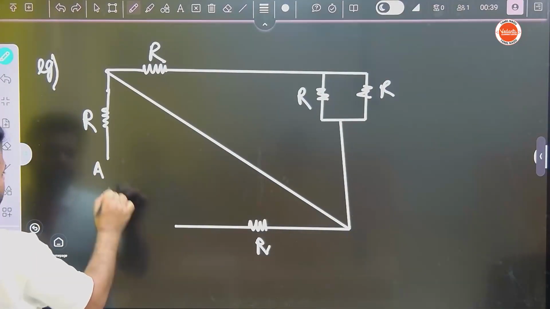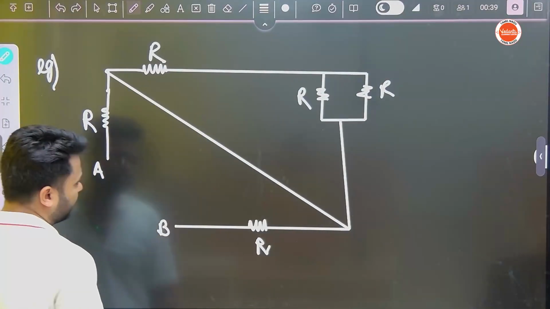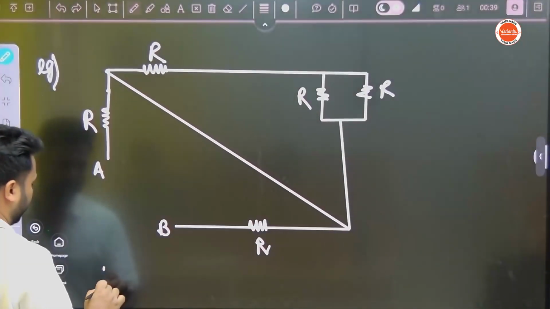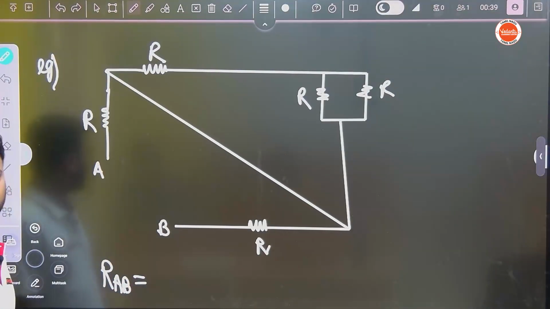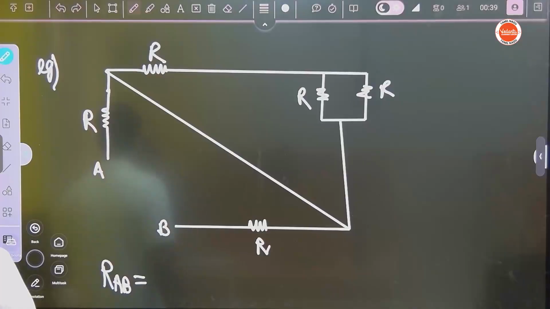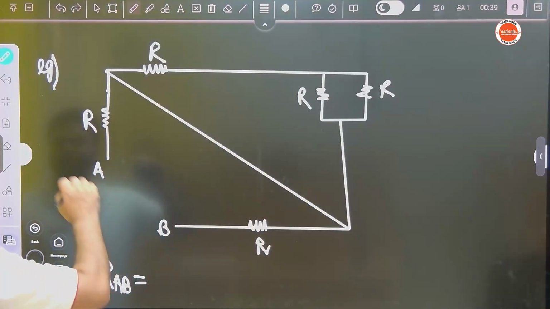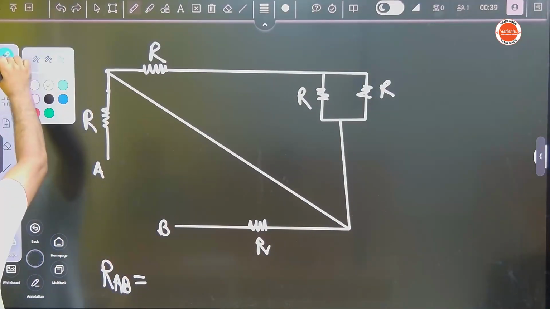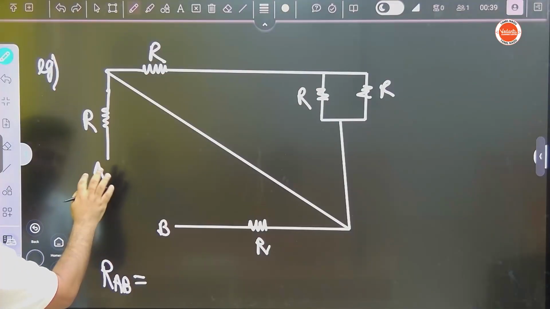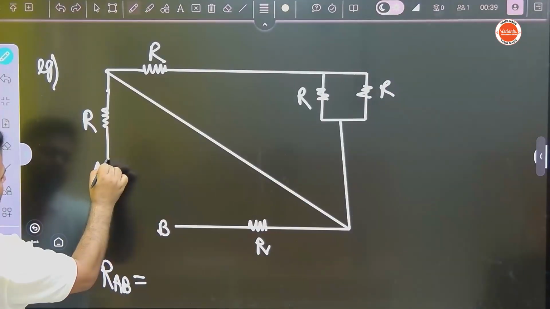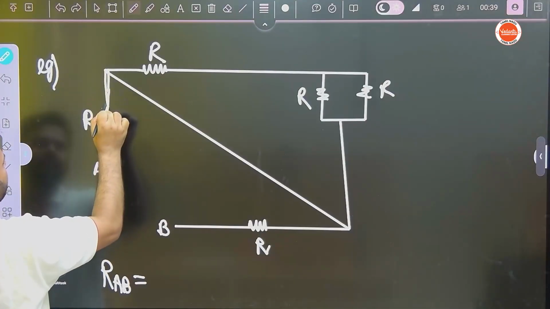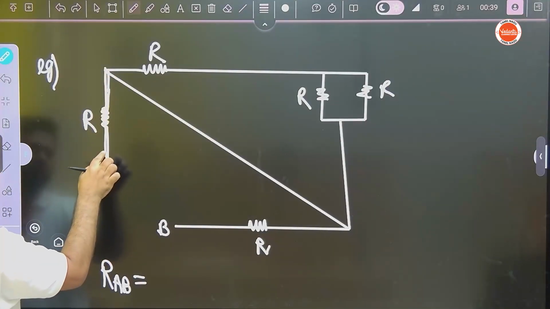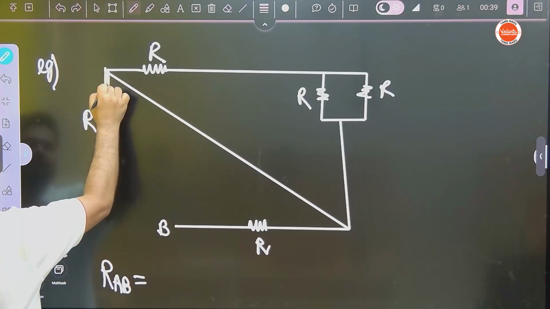This is A, this is B. They are asking what is the R equivalent between AB. See what will happen. You start from A. Suppose current is flowing from here, going like this.